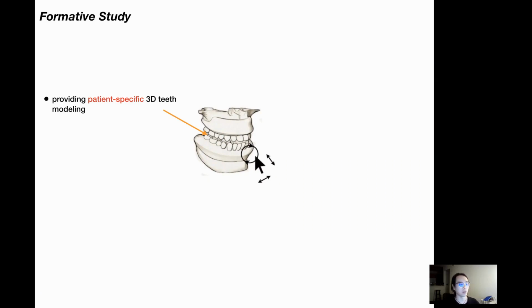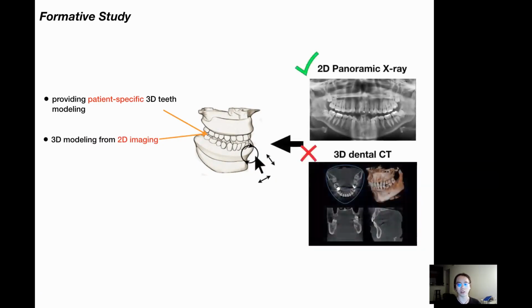For example, there are multiple ways to do a tooth extraction, and the decision is made mainly based on the dental condition of a certain patient. Second, the 3D model should be generated from 2D X-ray rather than from 3D imaging, for example CT. This is because 3D screening is not standard practice in dental clinics, with its high radiation and high cost. On the contrary, 2D X-ray is required for almost all dental surgeries or treatments.